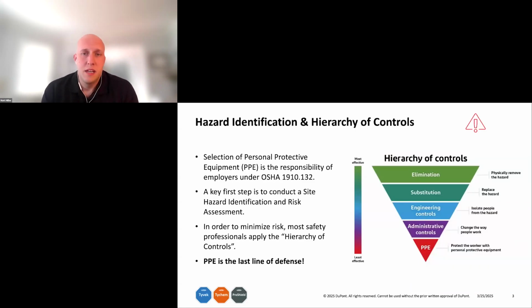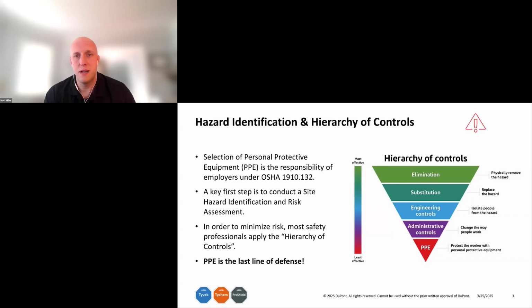So before we even get into selecting a certain PPE garment, we want to first identify why we're talking about PPE. What's the importance of it? And per OSHA 1910.132 to be exact, the selection of PPE is the responsibility of the employers.